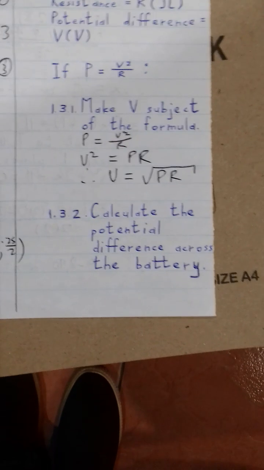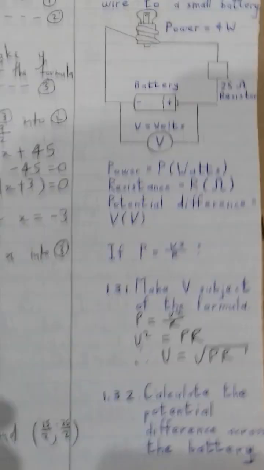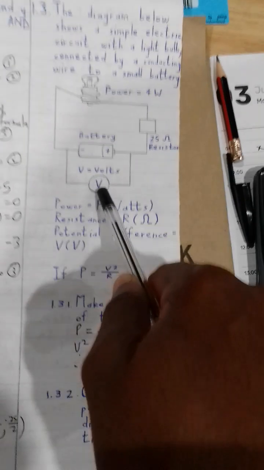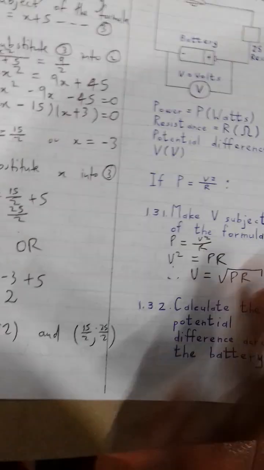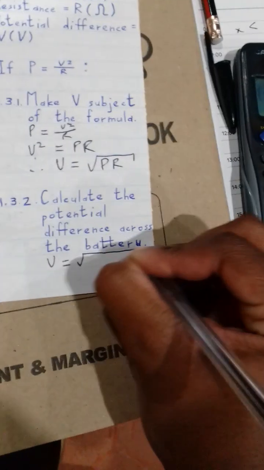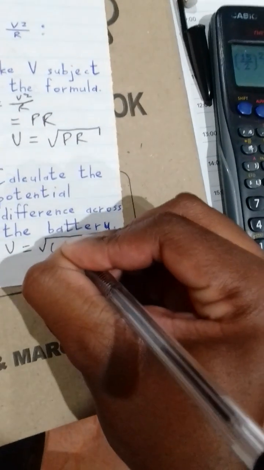1.3.2 states, calculate the potential difference across the battery. So we use this formula to calculate this. Just substitute the square root of P, 4 watts, times R, 25 ohms.